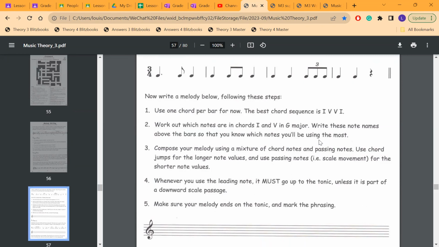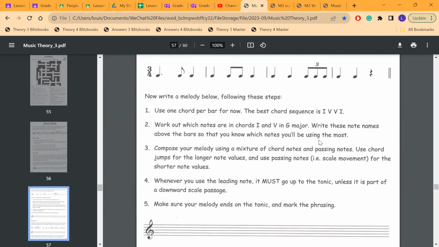If you're writing it in the bass clef, yes, they might ask you to write in the bass clef, make it appropriate for, say, a tenor to sing. What's the range of a tenor? C3 to G4. So a tenor is the most common male voice range.